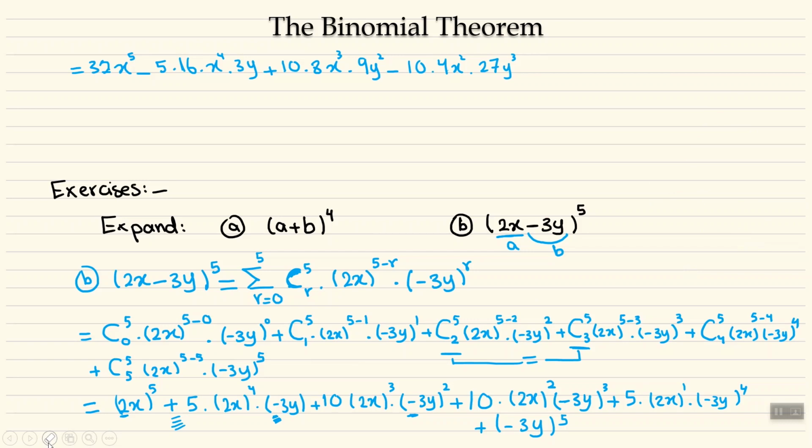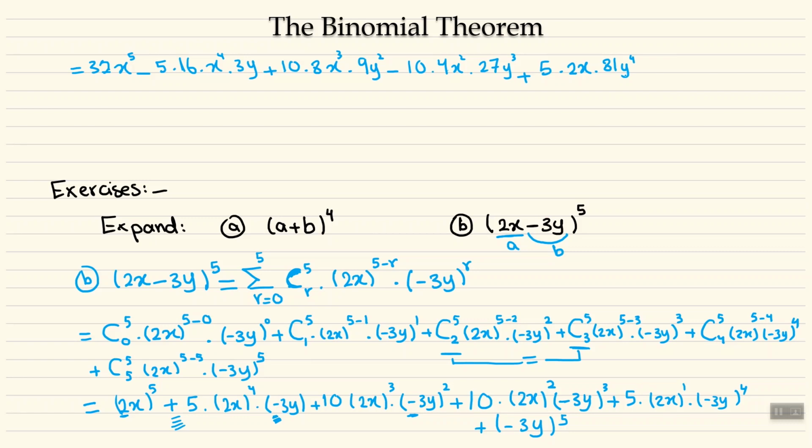So the fifth term is right here. So it will be plus, because a negative to the power of 4 is positive. So we have 5 times 2x to the power of 1 is 2x, times 3 to the power of 4 is 81, y to the power of 4.